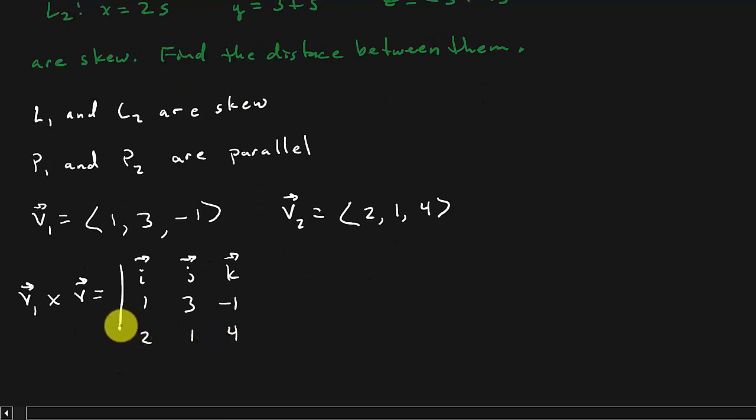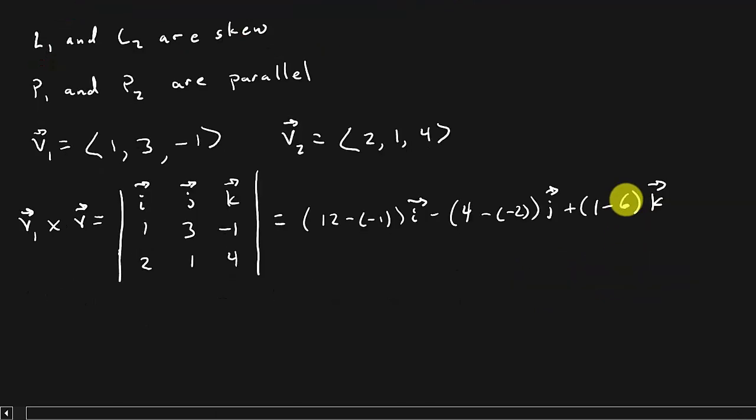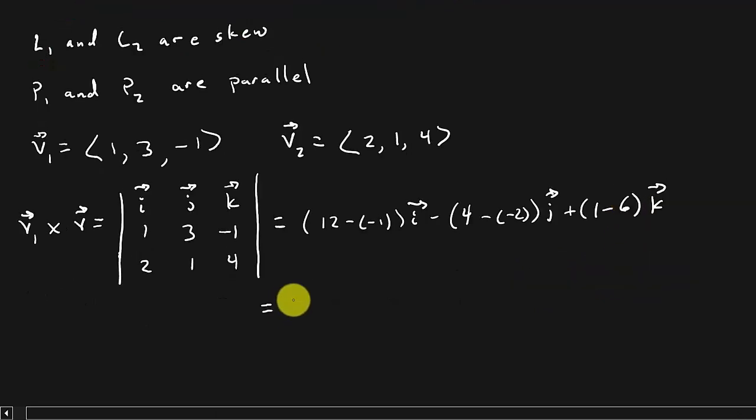And I've done the cross product enough in here, so I'm just going to do it real quick. So that's 12 minus negative 1 times I, minus 4 minus negative 2 J, plus 1 minus 6 times K. And so that's going to give me 13 I minus 6 J minus 5 K. All right.